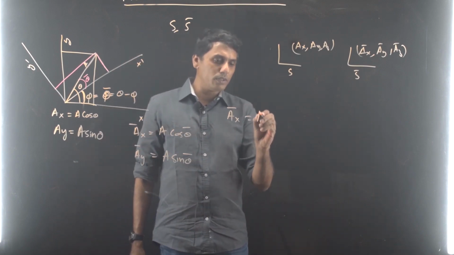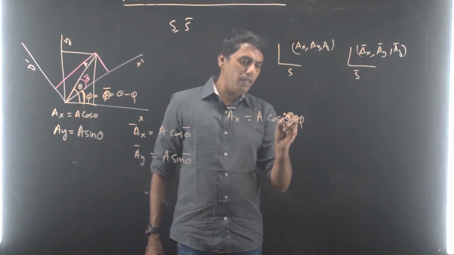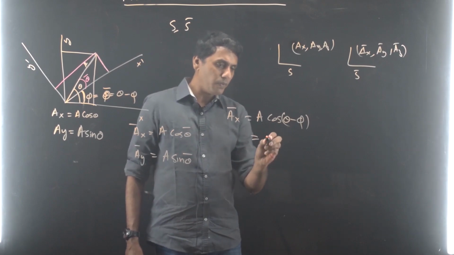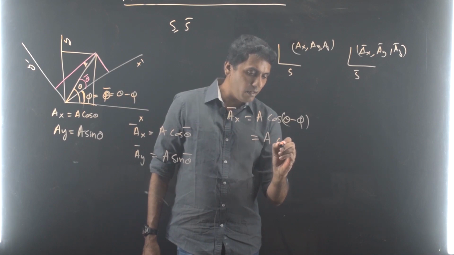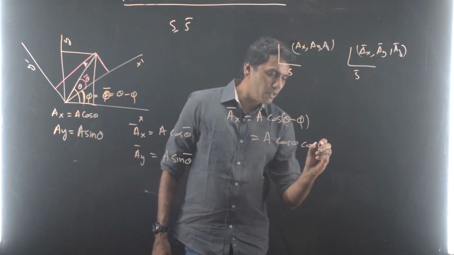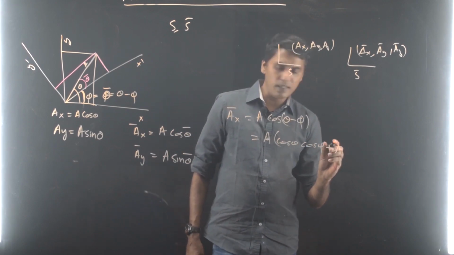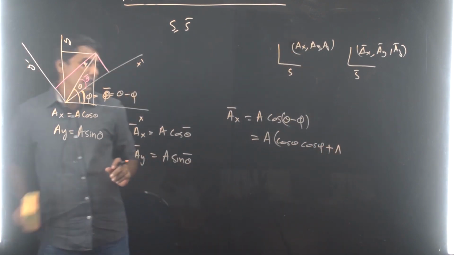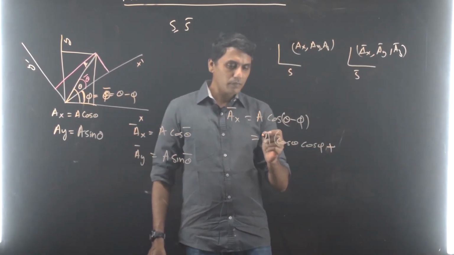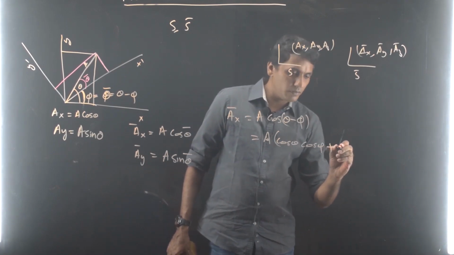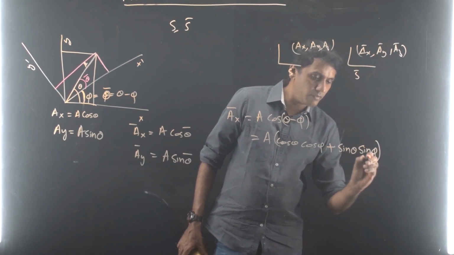So you will get A cos of theta minus phi, and you know that cos of theta minus phi is A cos theta cos phi plus A sin theta sin phi, okay.